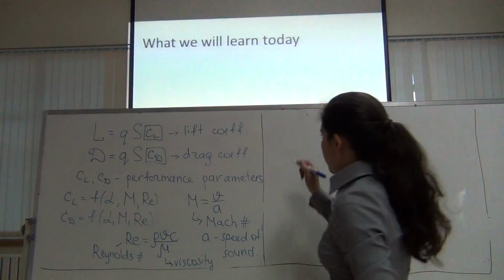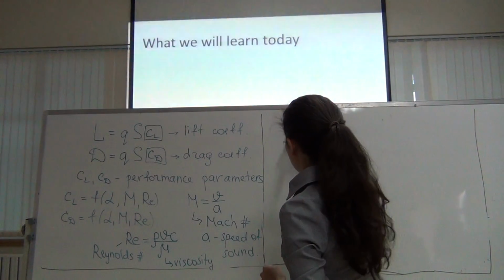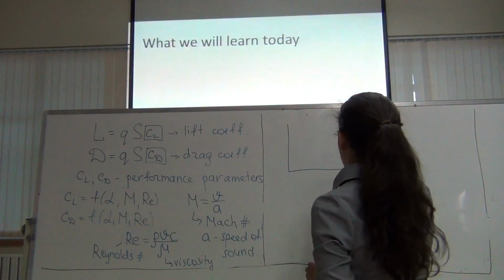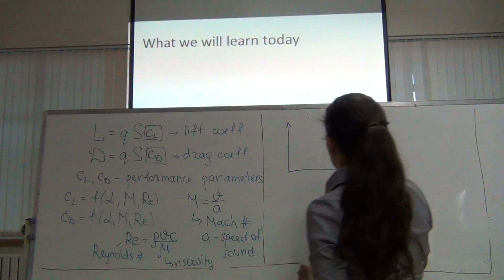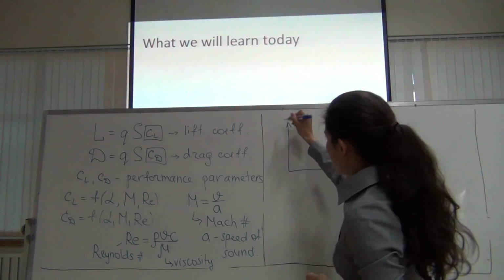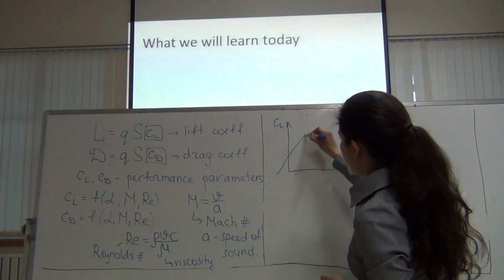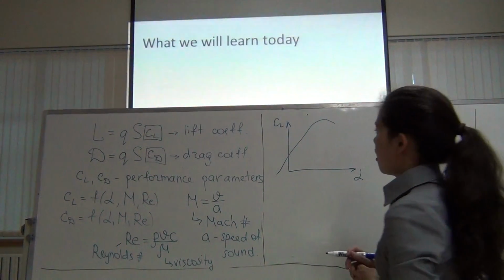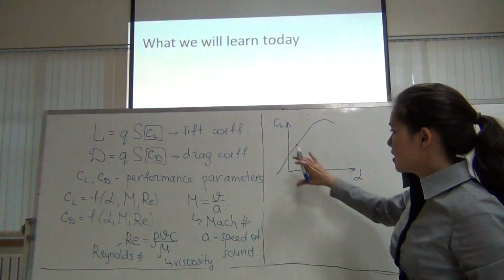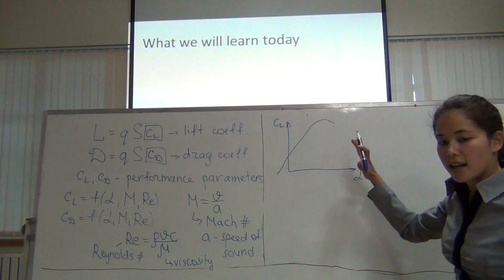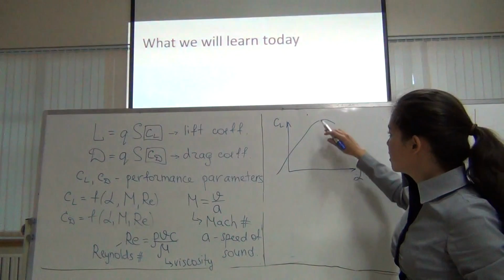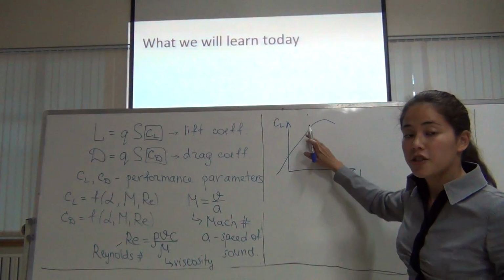It was determined that lift coefficient varies with the angle of attack like this. The graph, the dependence looks somehow like this. So we see that as we increase the angle of attack, the lift coefficient increases.